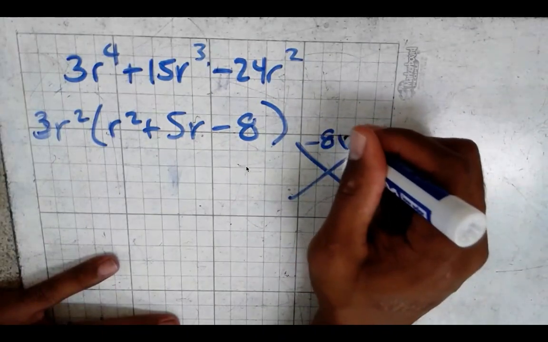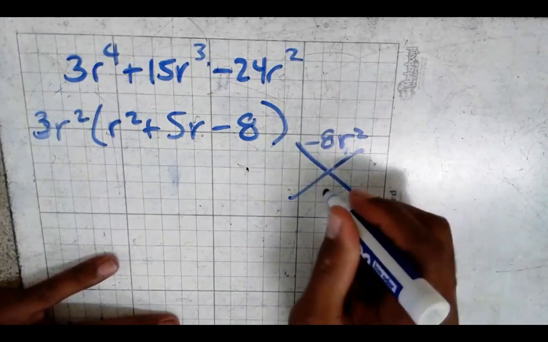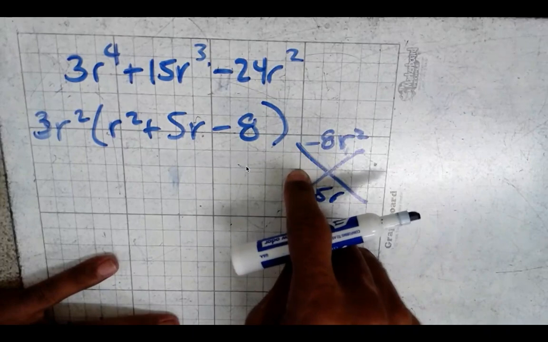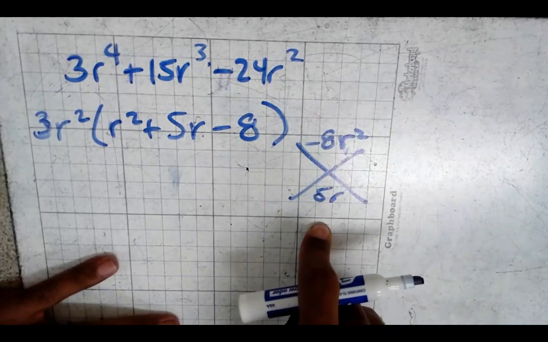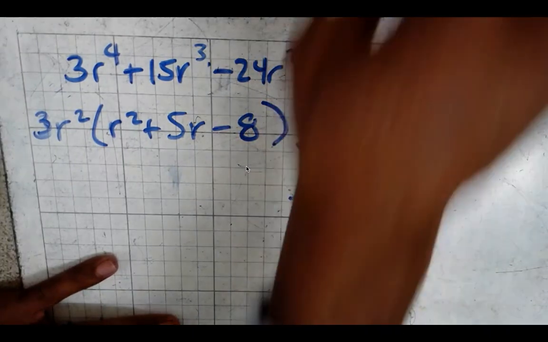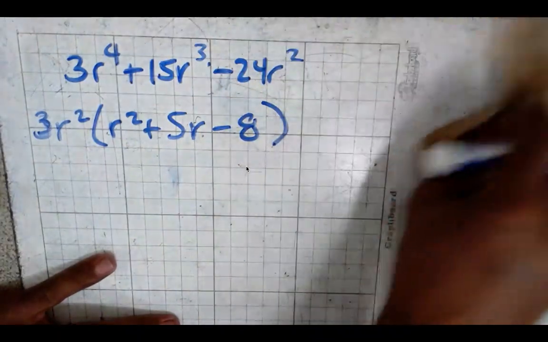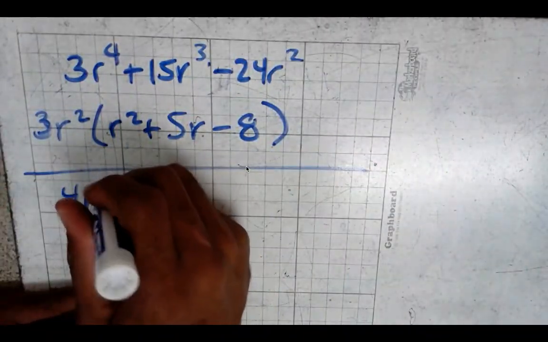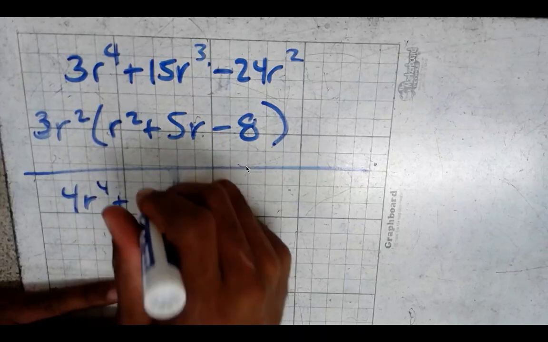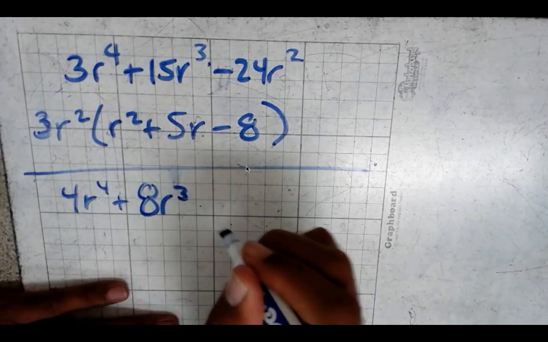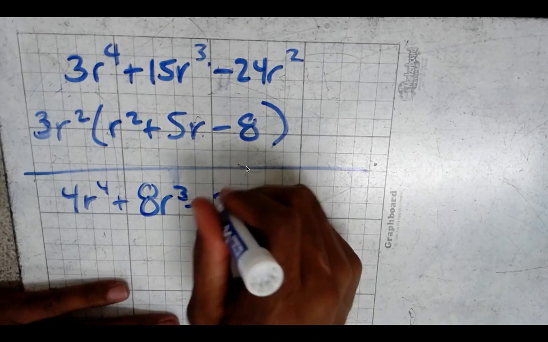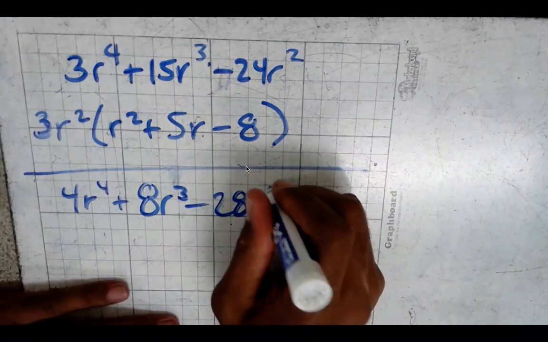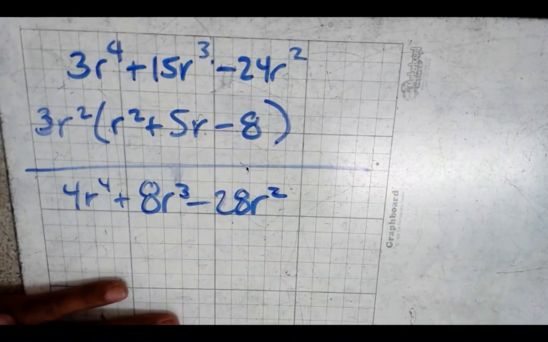Are there two numbers that multiply to negative 8 and add up to 5? No, there aren't, so that's all you can do. The problem I want you to do is 4r to the fourth plus 8r cubed minus 28r squared.